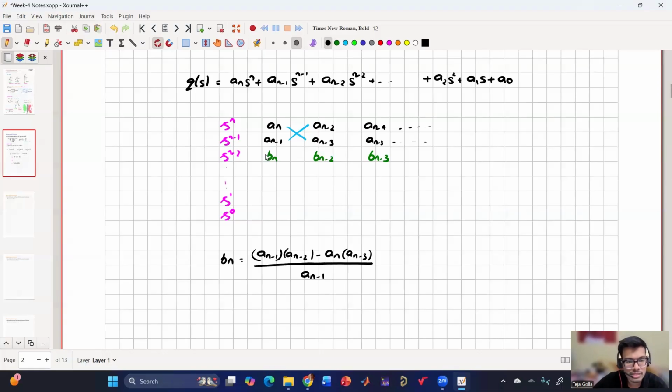So this element is the product of these two minus the product of these two, divided by an minus 1. Similarly, bn minus 2 will be calculated using these four terms.